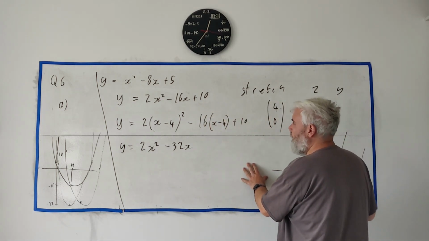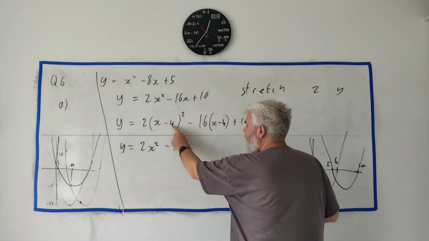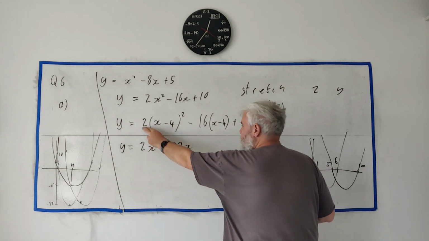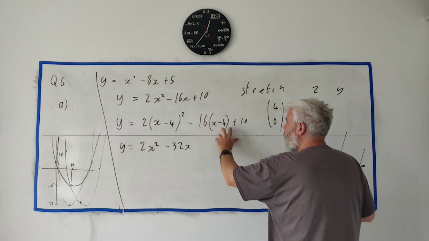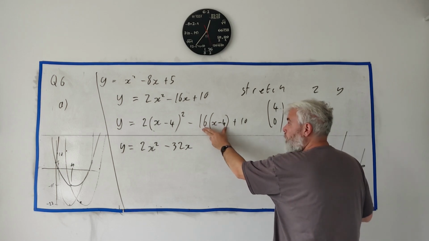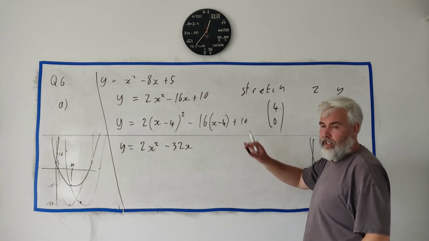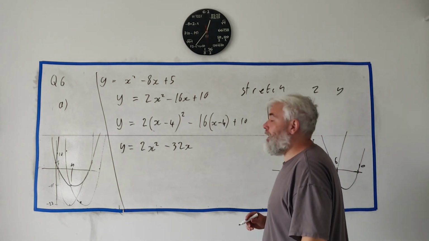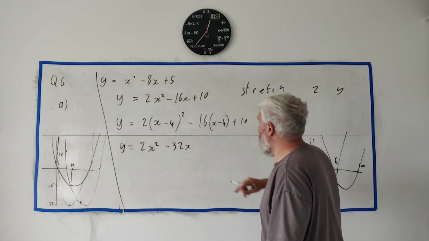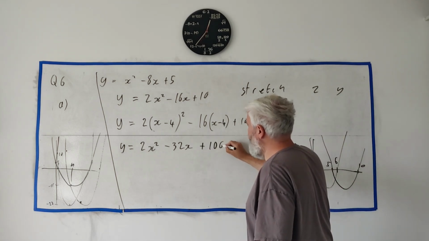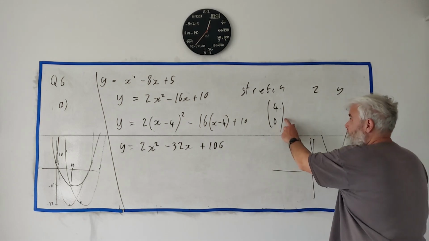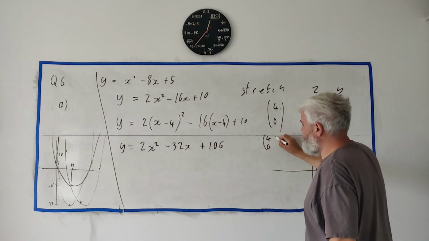Let's see, where will all the numbers come from? We'll get a plus 16 here, times 2, that's 32. We will get a plus 64 from these two, 16 times 4. Add them together, we get 96, plus 96, and another plus 10, so plus 106. And that was with this translation, 4, 0.